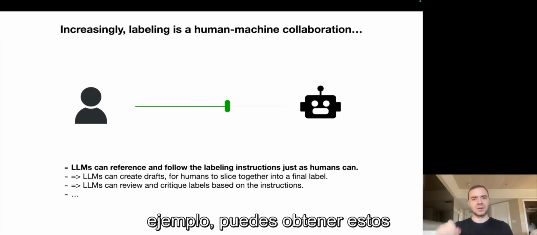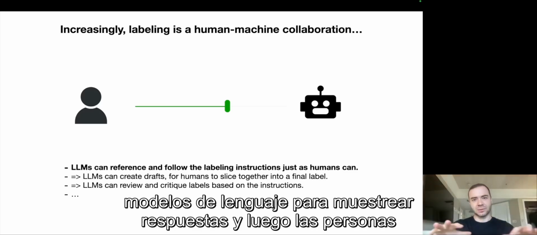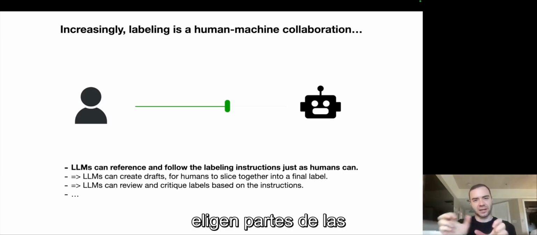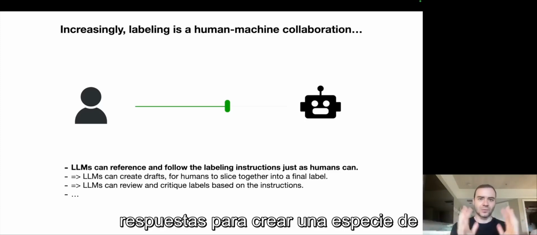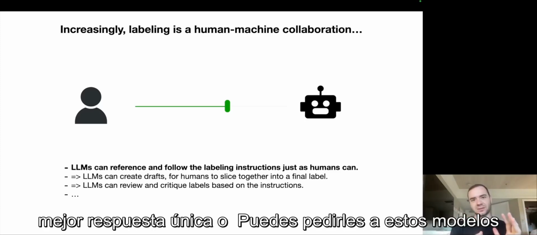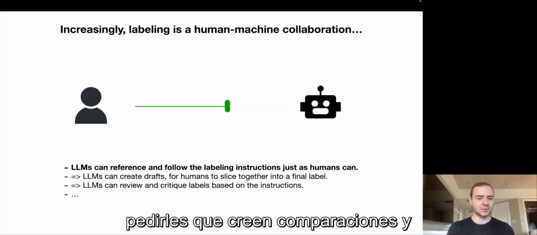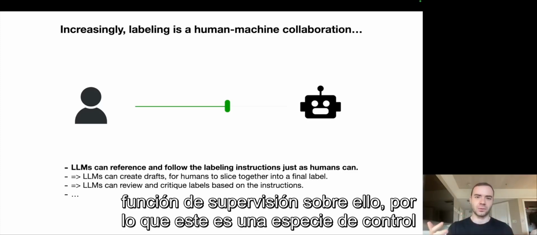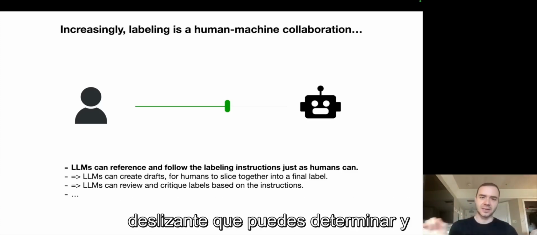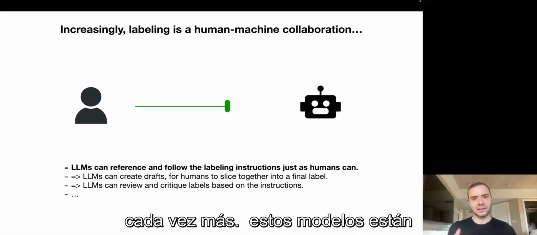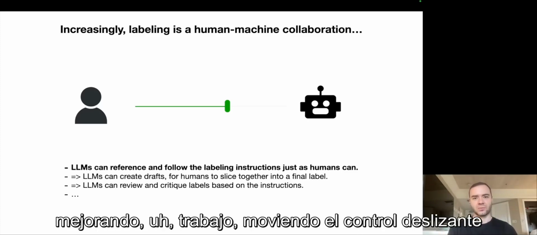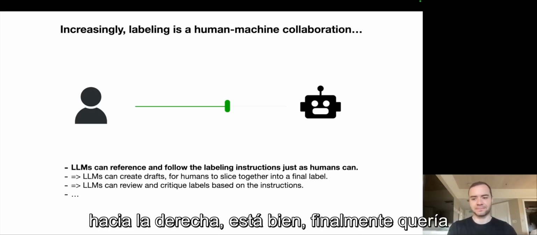For example, you can get these language models to sample answers, and then people cherry-pick parts of answers to create one single best answer. Or you can ask these models to check your work, or to create the comparisons, and then you're just in an oversight role over it. So this is a slider that you can determine, and increasingly these models are getting better. We're moving the slider to the right.